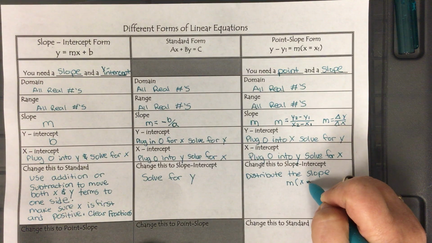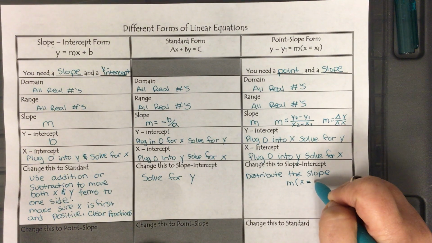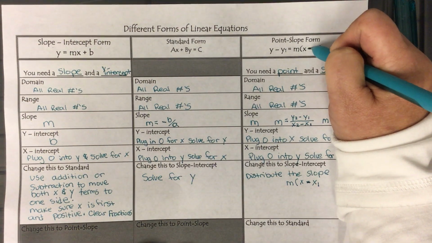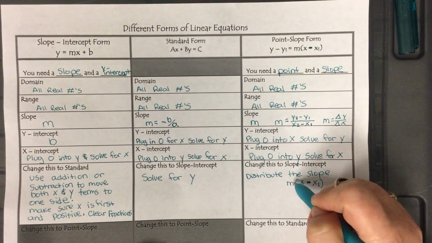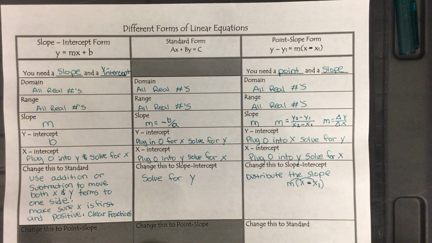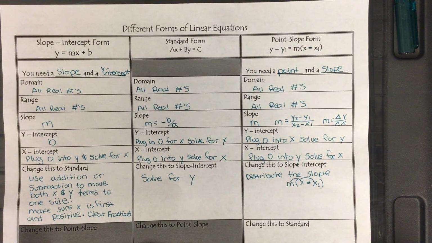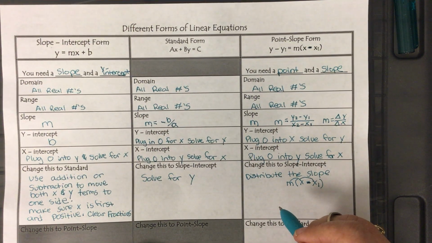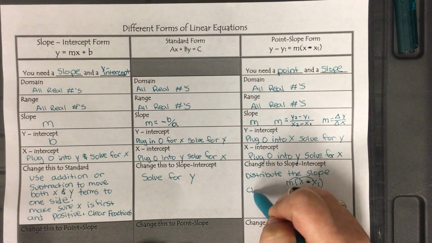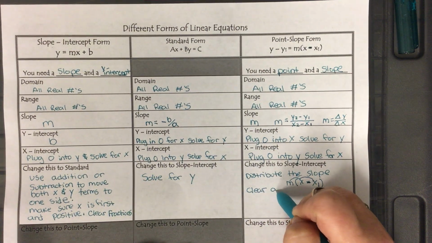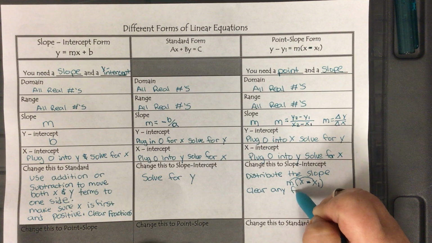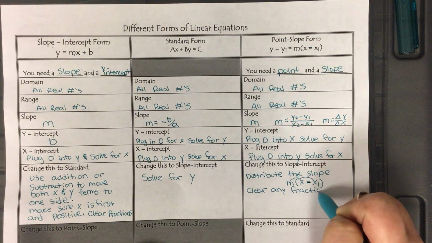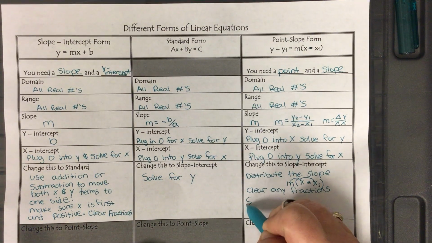Oh wait, this is x1. That should be minus right there. Okay, you would distribute this like that. Okay? So distribute the slope, clear any fractions, and solve for y.